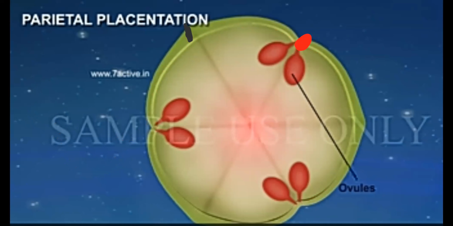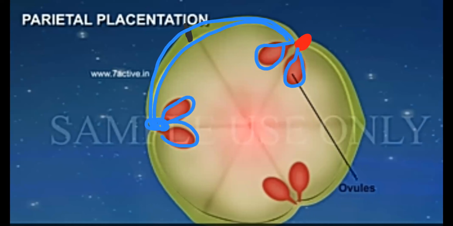In parietal placentation, remember that the ovules develop on the inner wall of the ovary or on the peripheral part. Ovary has two wall layers, outer and inner. So this is the inner one. This is the outer one. On the inner wall, this placenta forms at the periphery, remember.